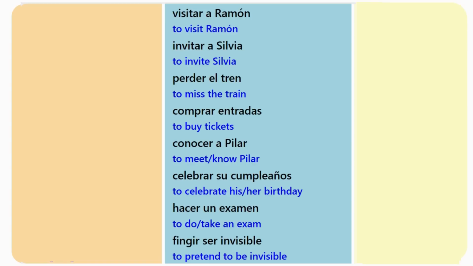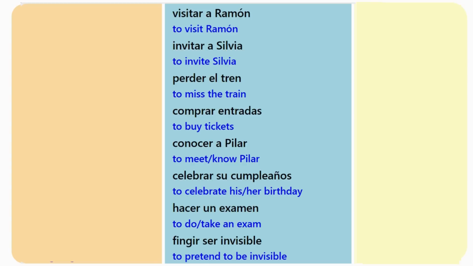If you've got a verb, and then a person, in Spanish we use the letter a in between. So it's called the personal a, and it refers to the need for it to be there when there's a person after the verb. So that's why we have visitar a Ramón. Ramón's a person.